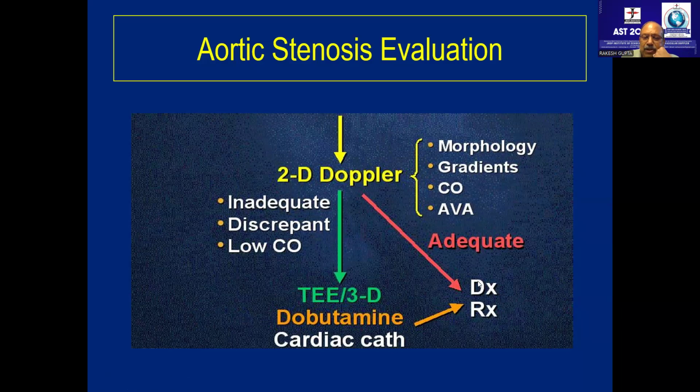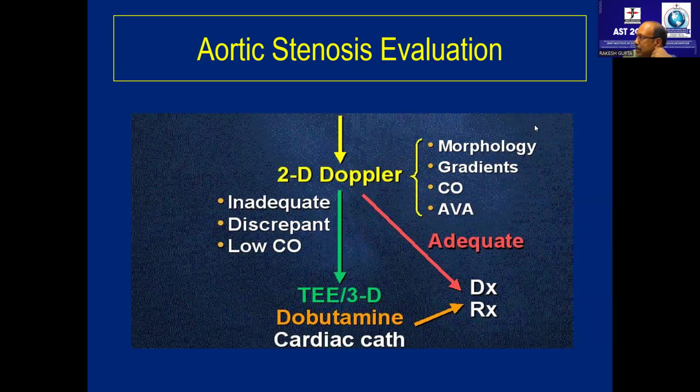If they're adequate, your diagnosis is already made. If they're inadequate, with discrepancy or poor cardiac output, then we resort to transesophageal echo, 3D echo, dobutamine echo, or cardiac cath to make a final diagnosis and treatment.